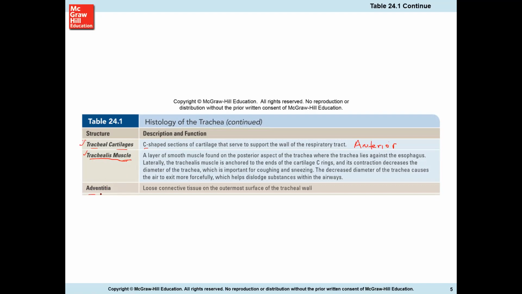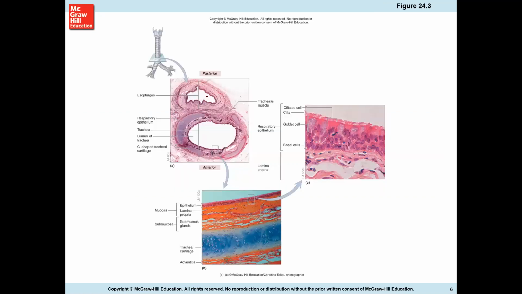And adventitia, of course, is connective tissue that helps anchor these respiratory tubes to other structures. So this is the trachea, and here's the lumen here. And this is anterior. And here's the esophagus, right?